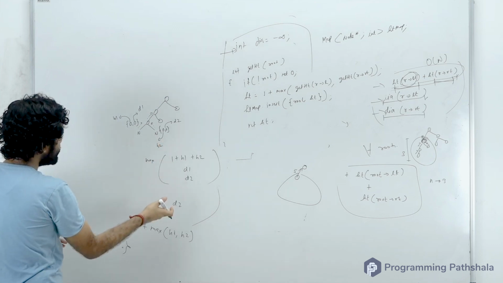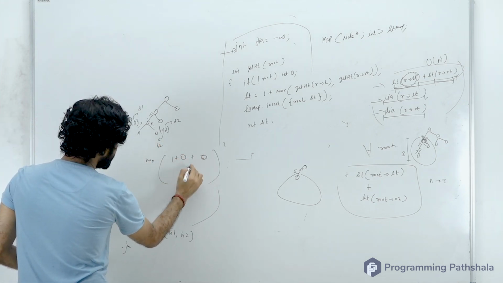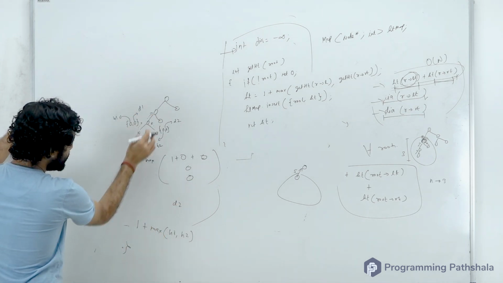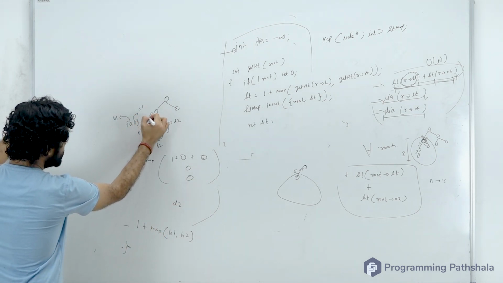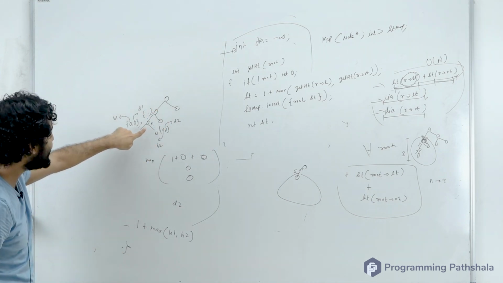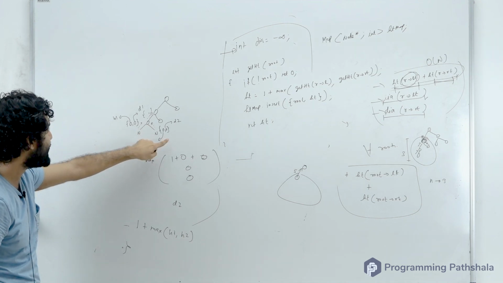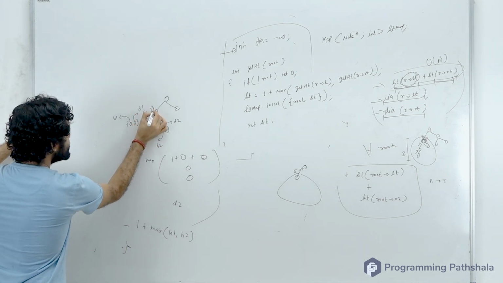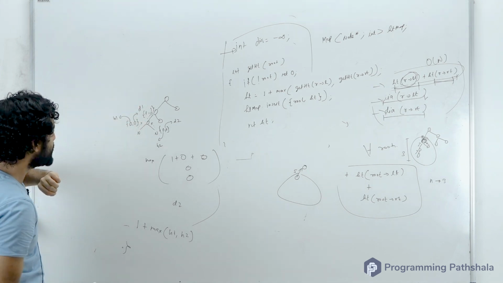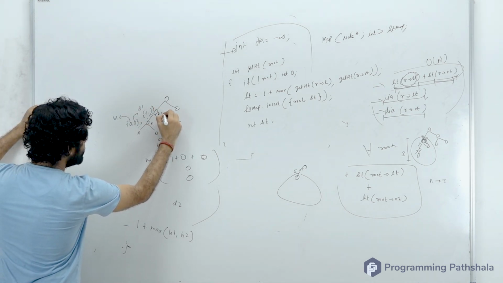So the max of this, if you compute, H1 is 0, this is 0, this is 0, this is 0. So you can very easily return your diameter to your parent, and that diameter is 1. And you can return your height also, because your height will be 1 plus max of H1 comma H2, and that is 1. So this way you have easily returned your height as well as your diameter. Similarly, this node will also return its height and its diameter, which will again be 1 comma 1.